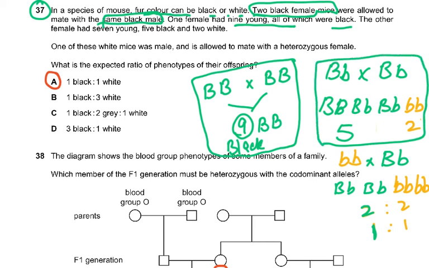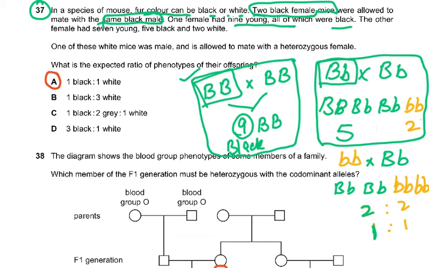You see, black were crossed with black. So now there are two possibilities. Black can be either this or they can be this. So the one which had all 9 young must have been big B into big B, small b. So it is this one.